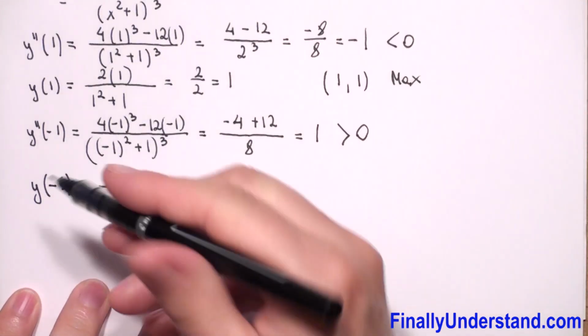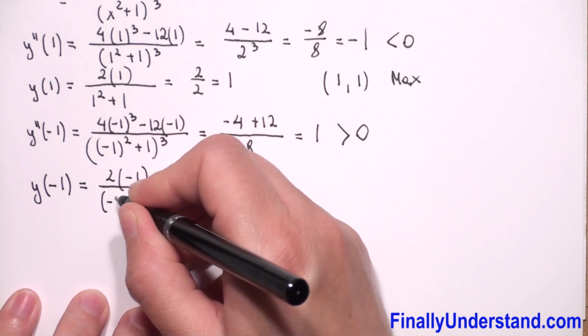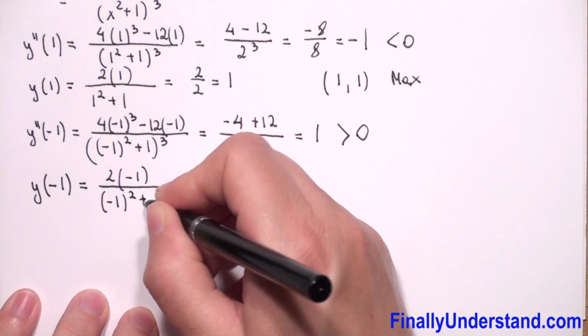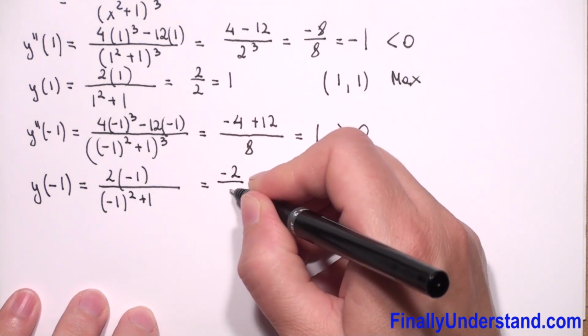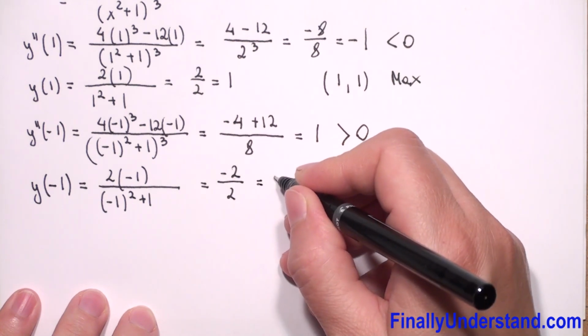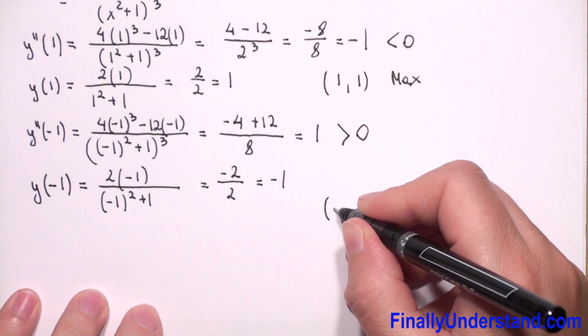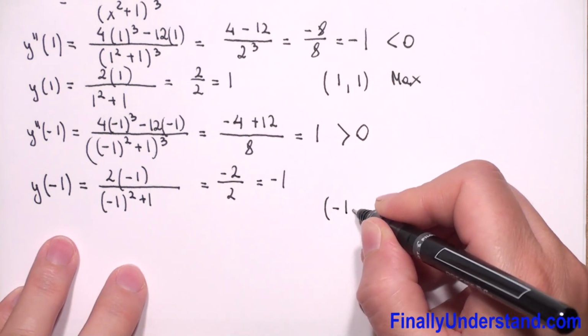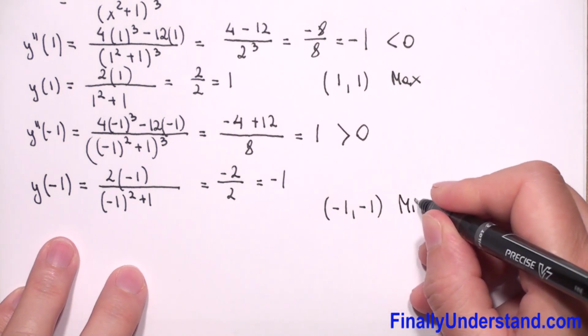So we have 2 times negative 1 over negative 1 to second power plus 1. This is equal negative 2 over 2 is equal negative 1. So we have our point. First coordinate is negative 1 and the second is negative 1. This is our minimum.